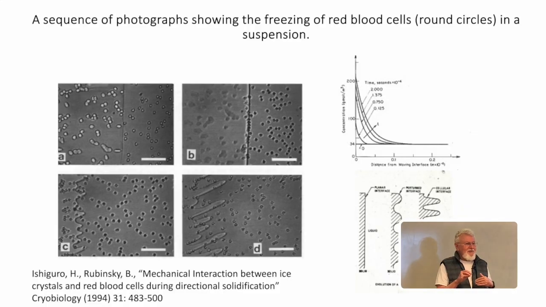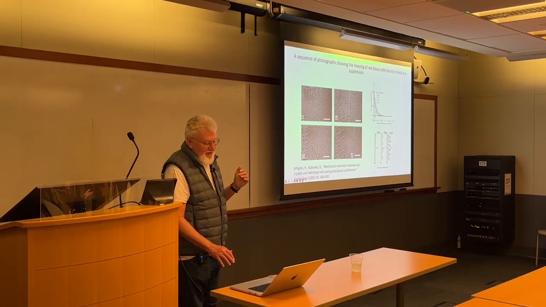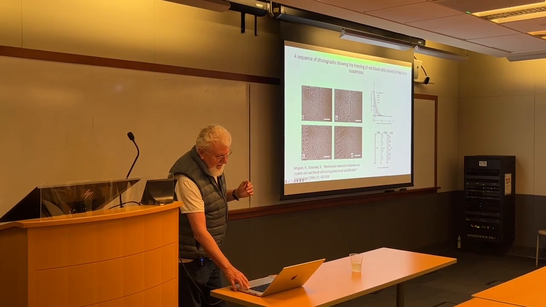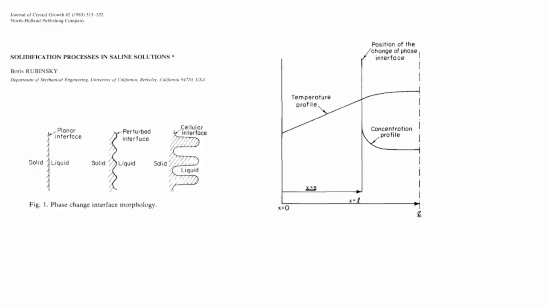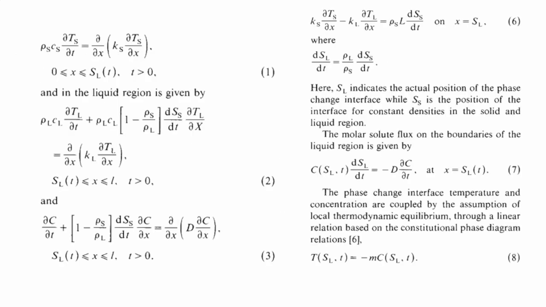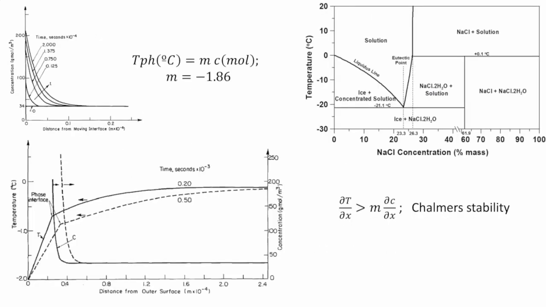I'm just pointing you to what you may want to read later, but you should remember that there is an instability, and if you have a perturbation, it causes the generation of these dendritic ice crystal structures. It's possible to develop mathematical models for that, and I've published on those. If you're interested, you can come later and we can discuss, but this is a field by itself.